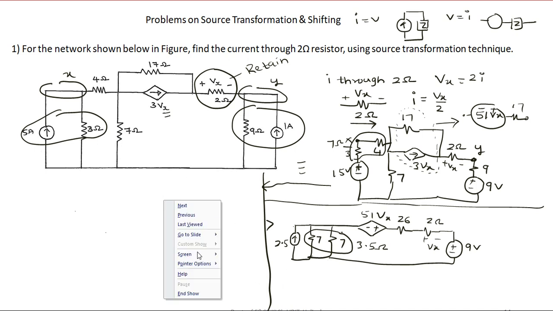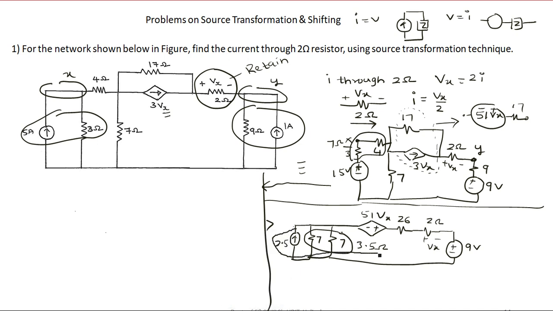So our requirement is, we need to convert this into an equivalent voltage source. So what is the equivalent voltage source value? That is 2.5. Is it 2.5 or 2.15? Just check out. 2.5, sir.